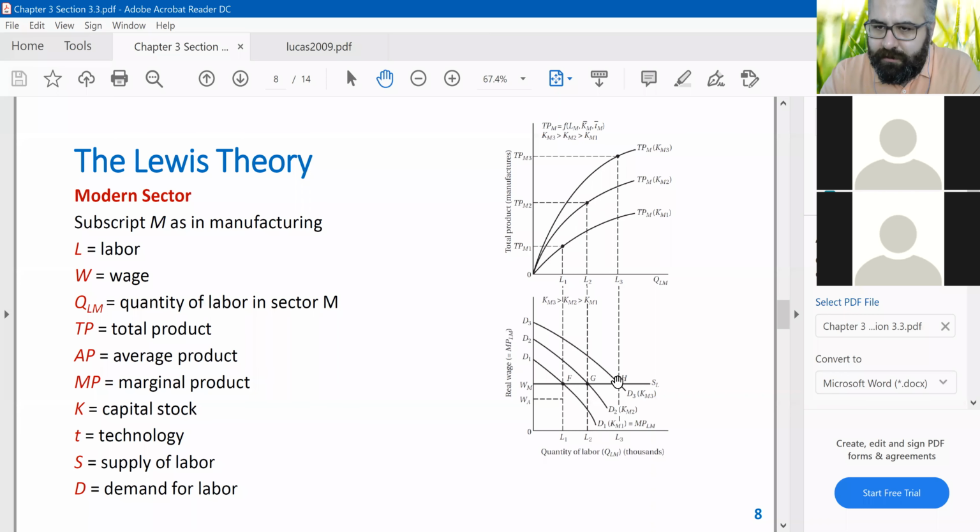And we also assume, as you remember, manufacturing wages are constant. So how can manufacturing wages remain constant when there's capital accumulation? Well, we have this supply curve that has zero slope, right? And that makes sense, right? There is surplus labor out there.